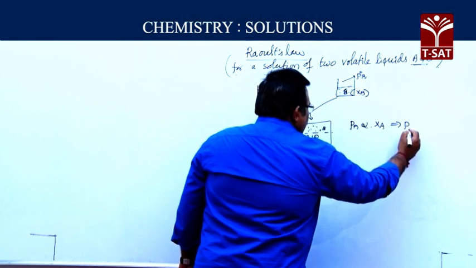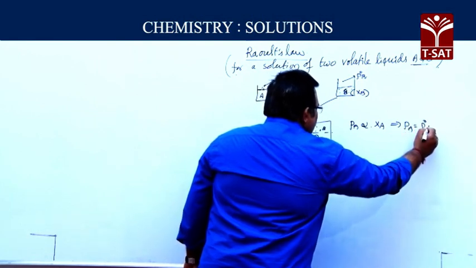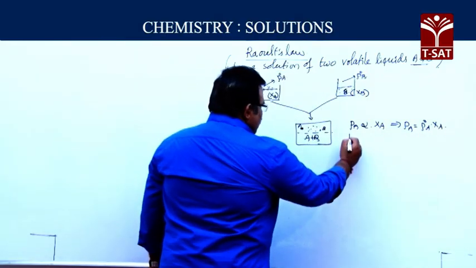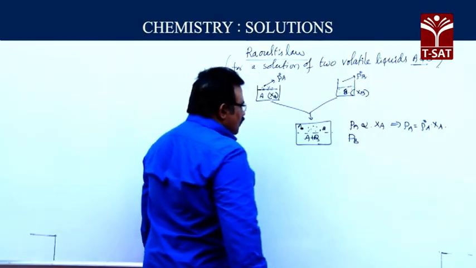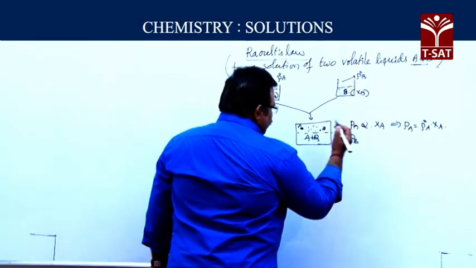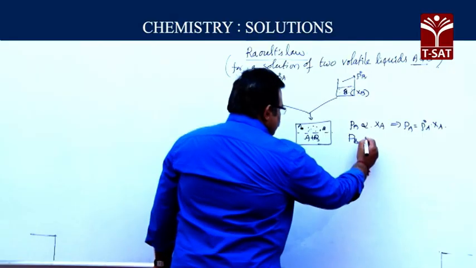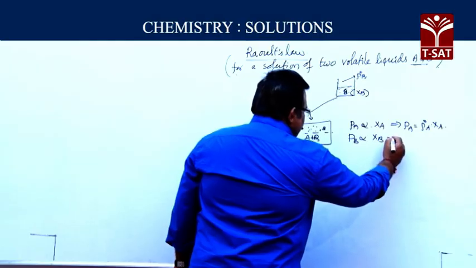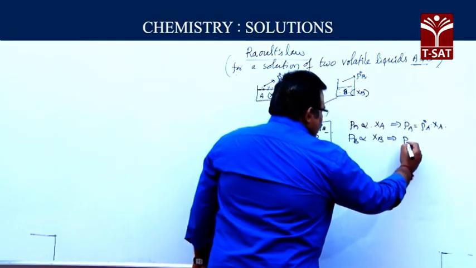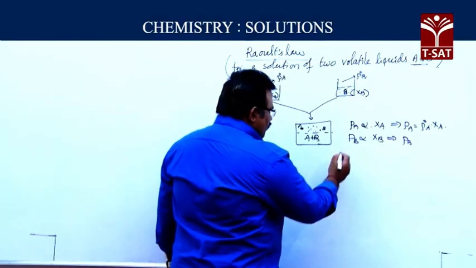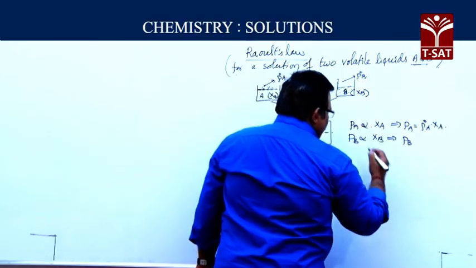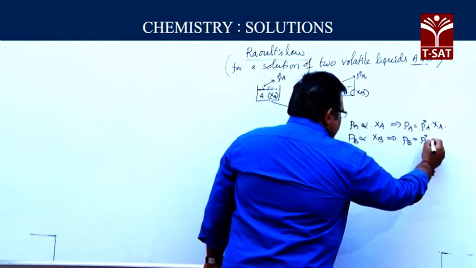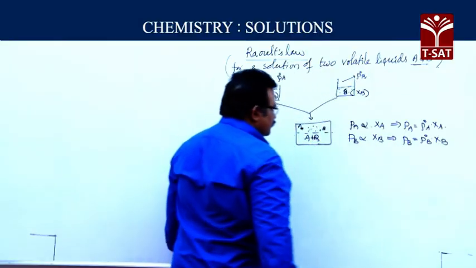That means PA is equal to P0A into mole fraction of A. Similarly, vapor pressure of B in the mixture is directly proportional to XB. That means vapor pressure of B in the liquid mixture PB is equal to P0B into XB.